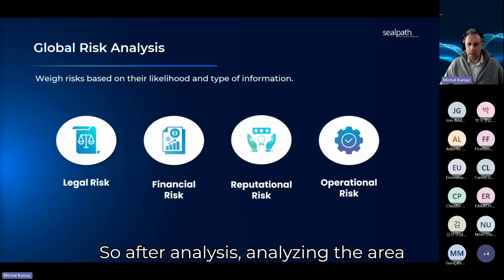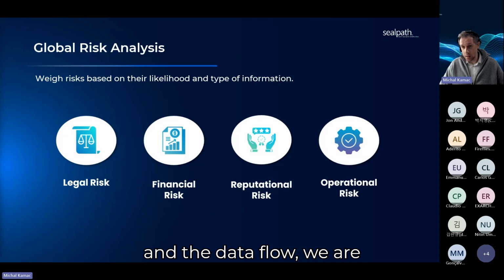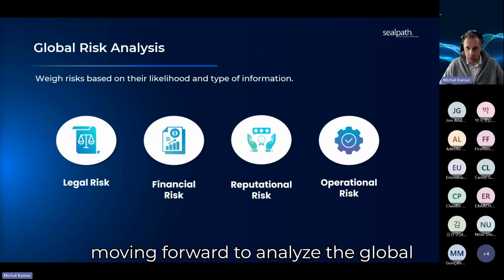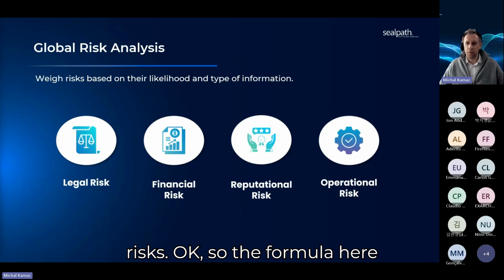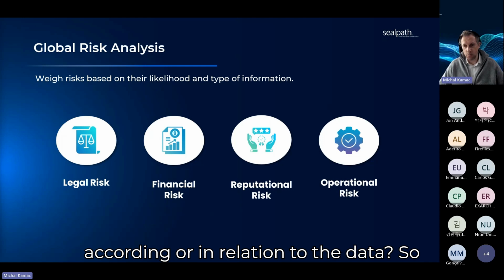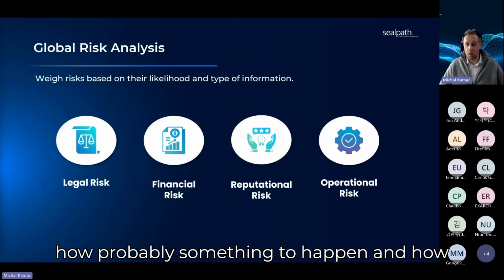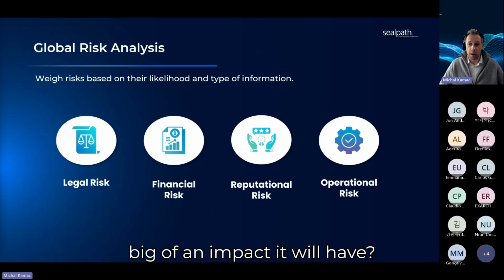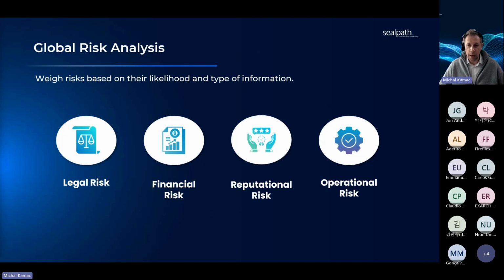So after analyzing the area and the data flow, we are moving forward to analyze the global risks. Okay, so the formula here again is probability by impact in relation to the data. So how probable is something to happen and how big of an impact will it have.